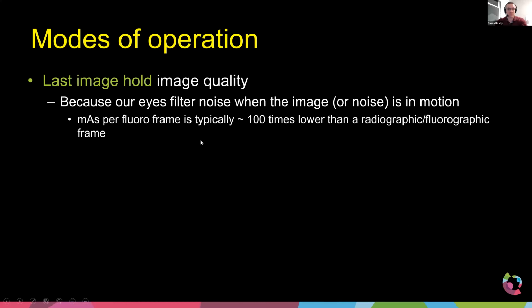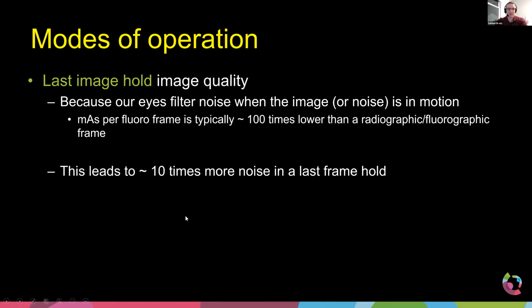So let's give a quick example. All right, so if you have the last image hold, because our eyes are filtering, every 6 frames per second, our eyes are filtering, the mAs, the dose per pulse, or the dose per image that we get, will actually be much lower as we perceive it than our typical static image.